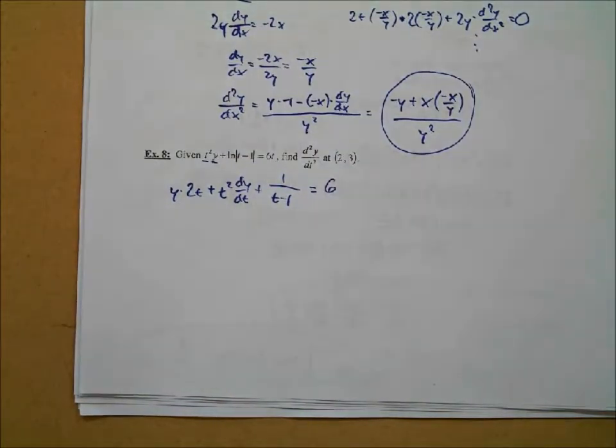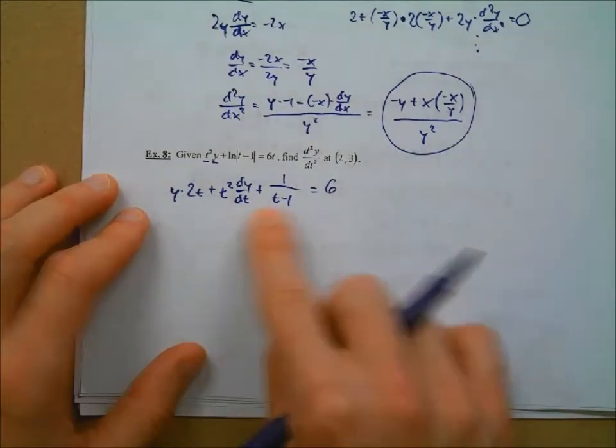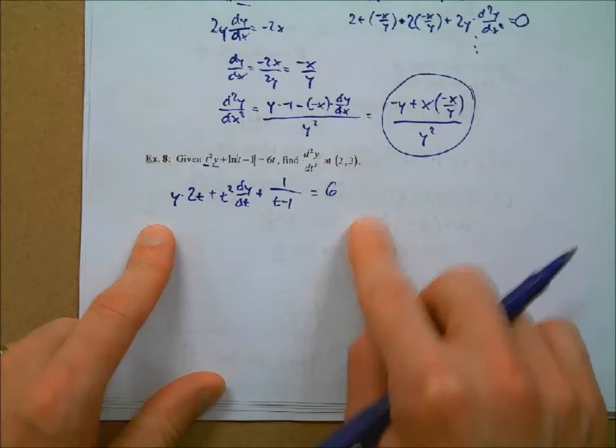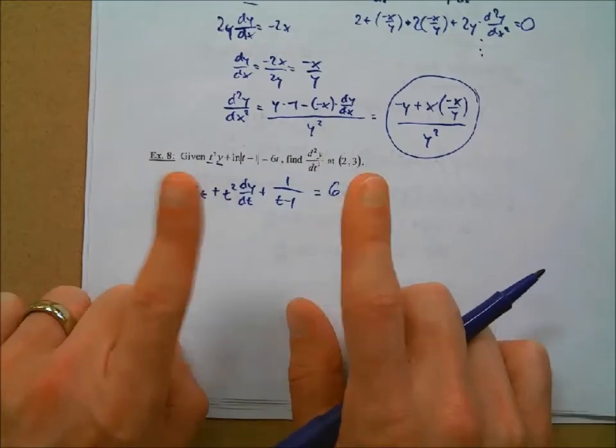Okay, now, at this point, we have the same kind of pathway to follow as we did for example 7. Either we can isolate dy/dt by solving for dy/dt here, subtracting these quantities over, dividing through by t squared, okay? And then take the derivative for a second time, or we can take the derivative for a second time as it's currently written.